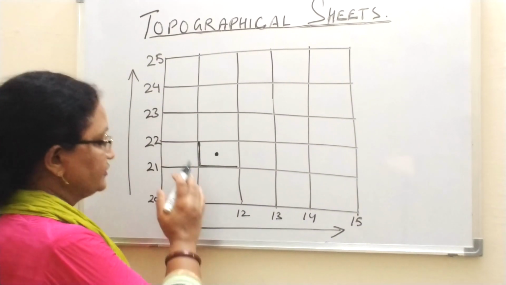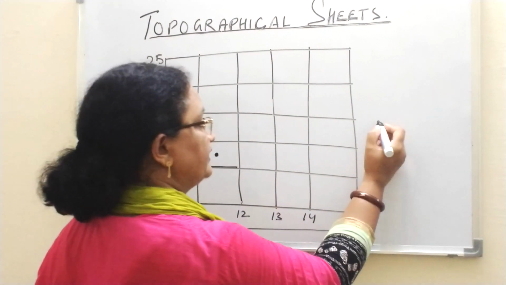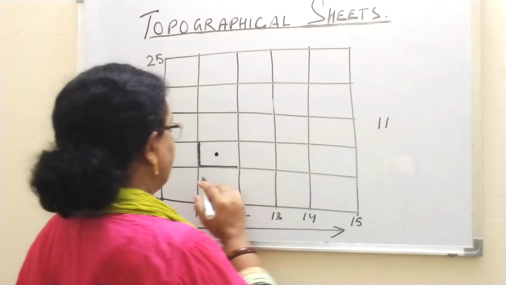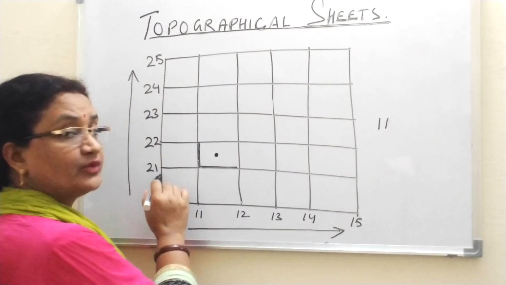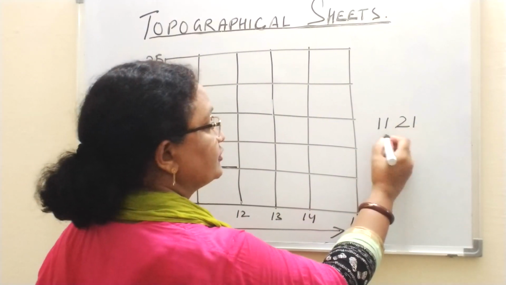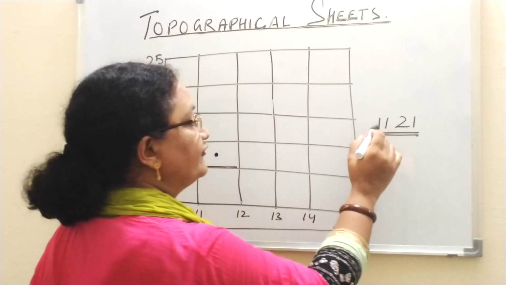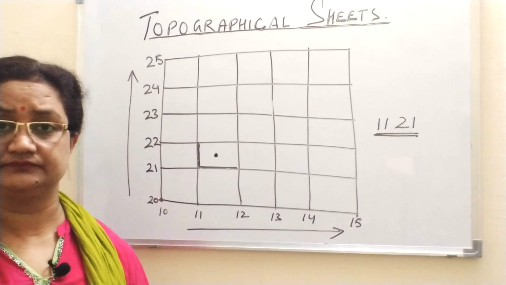So when you write the values of these, the easting is written first, that means it's going to be 11, and the northing is written after that, so it's going to be 21. So you are going to write like this. This is actually the 4-figure grid reference of this particular point.